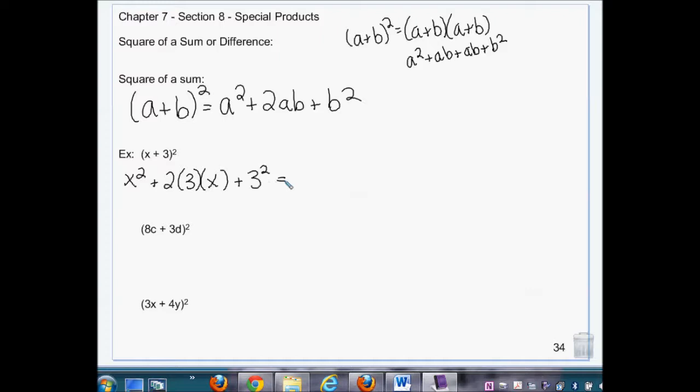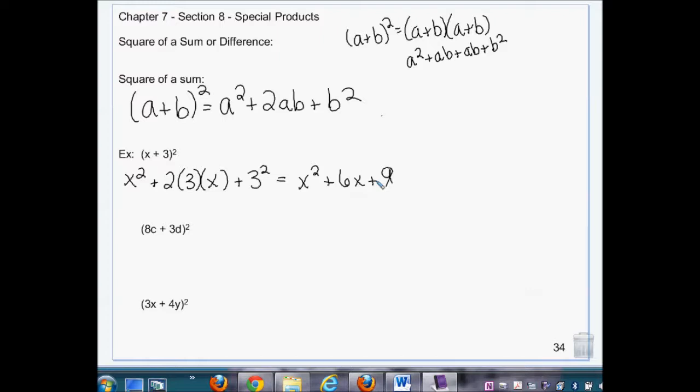So I get x squared plus 6x plus 9. And I don't even have to write this out because I can do x squared in my head, and then I can go 2 times 3 times x. And then 3 squared I can do in my head.